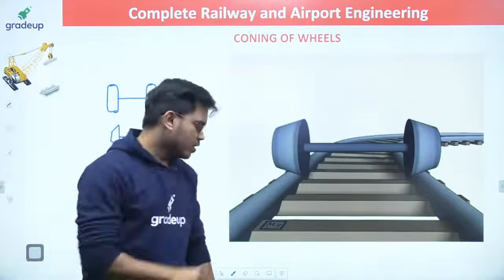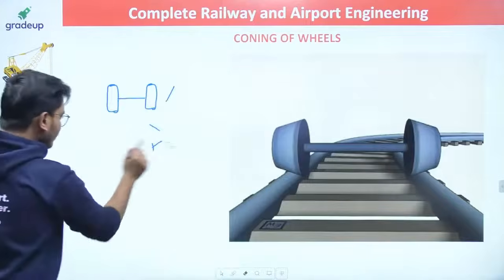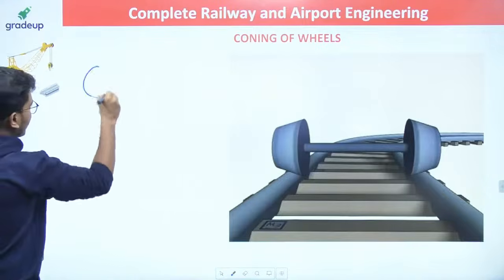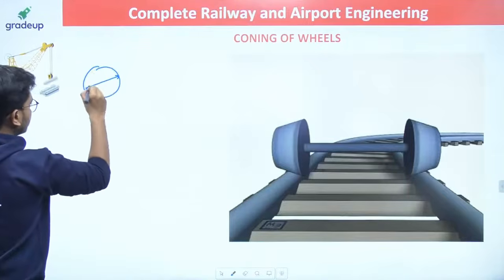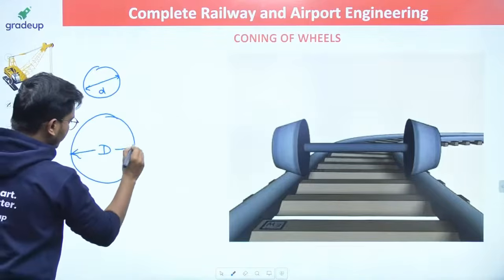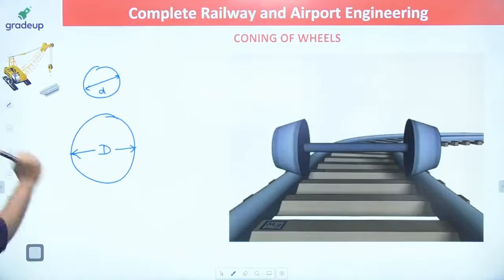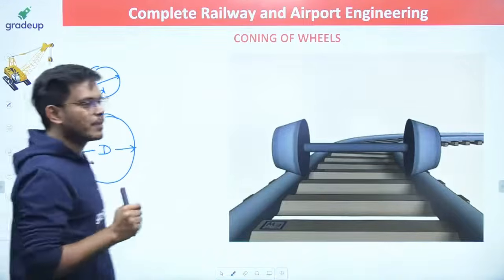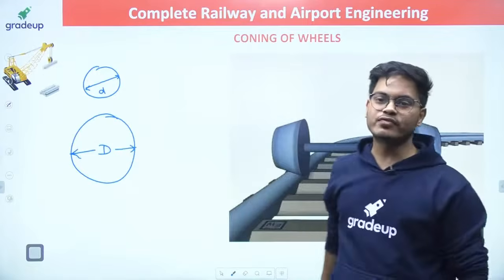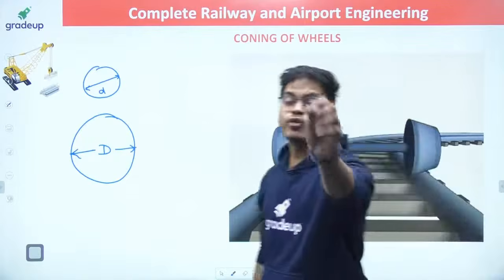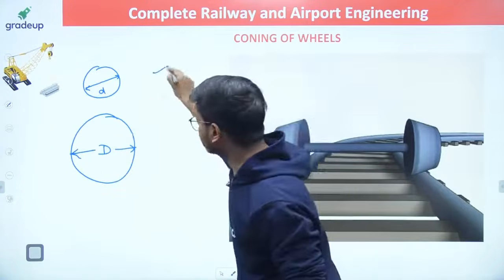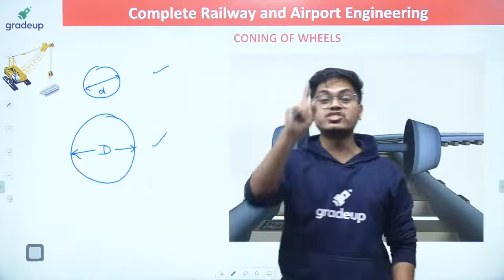Now understand, guys. Before that, you will tell me one thing. Suppose I have two tires. One has the diameter equal to small d, and one has the diameter equal to capital D, and you can clearly see the difference. Can you quickly tell me, out of small d and capital D, who will cover more distance in one rotation?